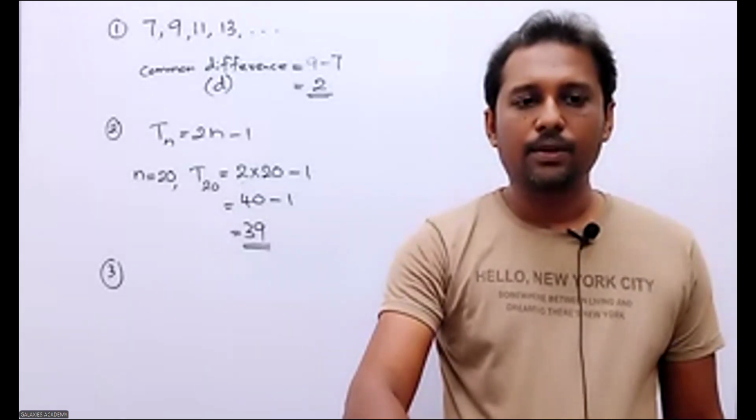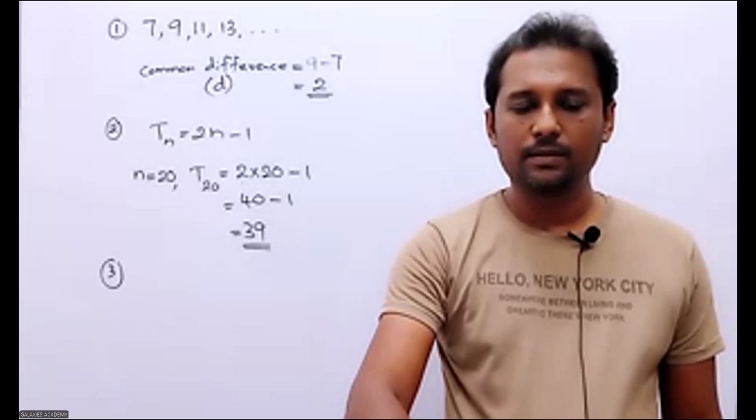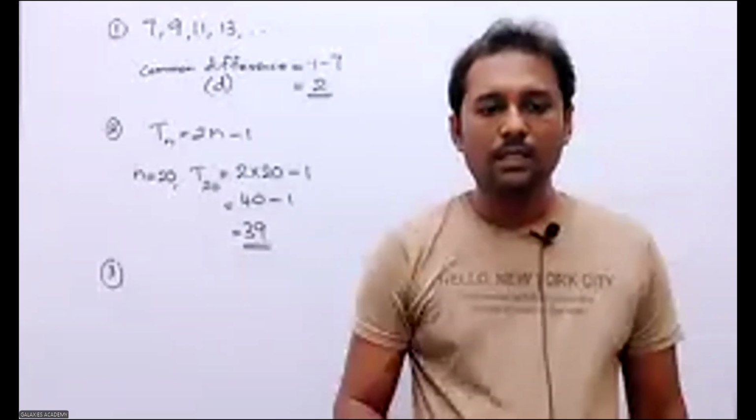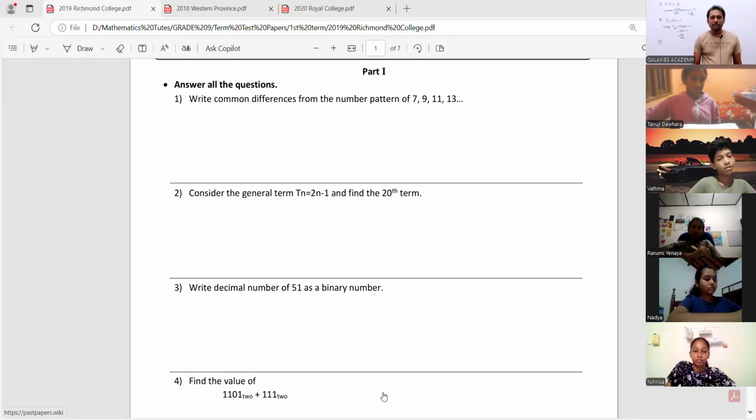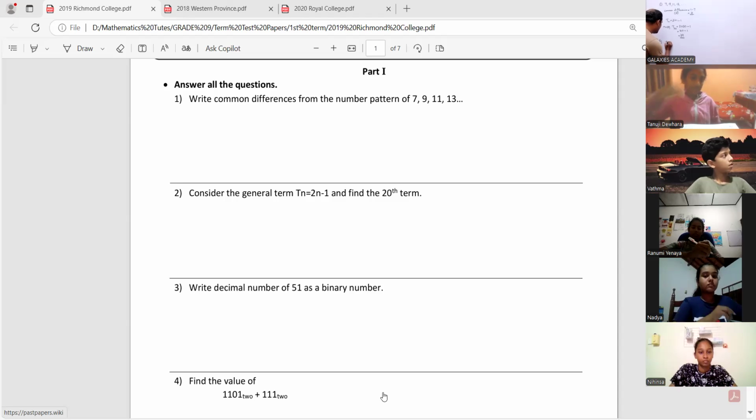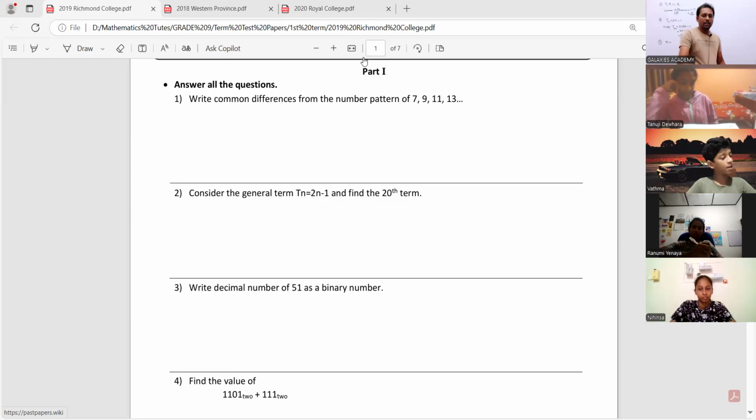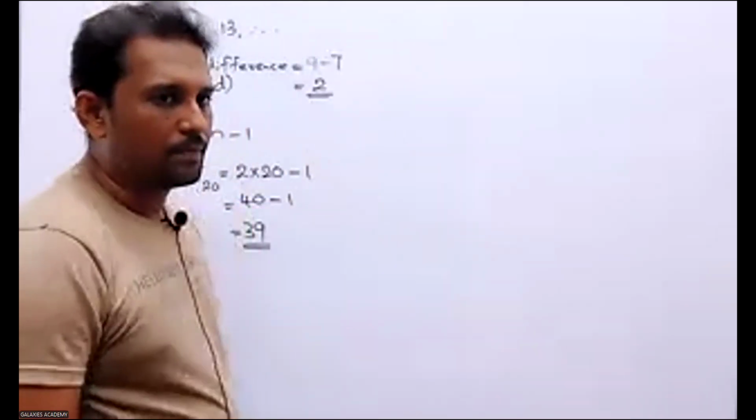Right, then let's go to the third question of the paper. The question is to write the decimal number 51 as a binary number. That means 51 is the decimal number and you have to convert it into a binary number. Do you remember what you have to do?